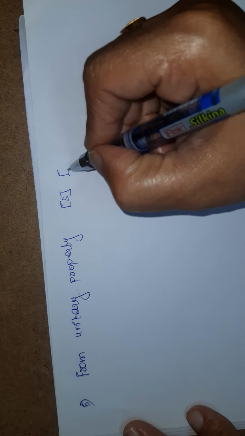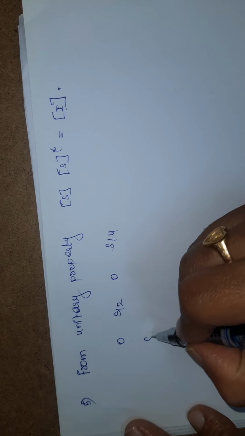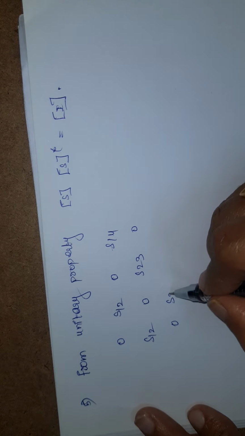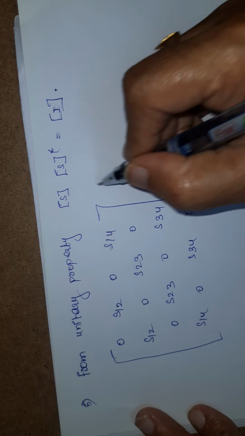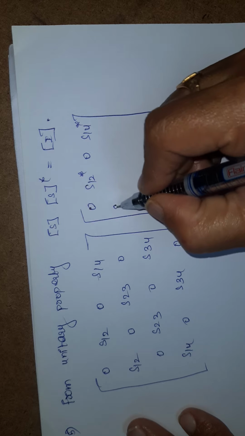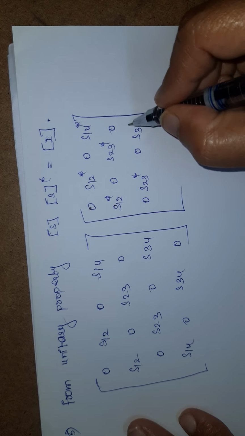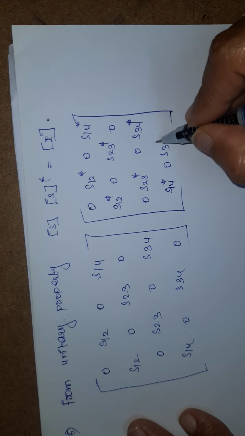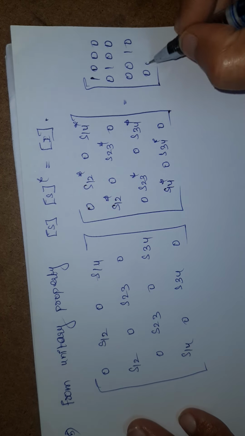From the unitary property, S into S star is equal to I. What is S? 0, S12, 0, S14, S12, 0, S23, 0, 0, S23, 0, S34, S14, 0, S34, 0, into S star, with entries S12 star, S14 star, S23 star, S34 star, is equal to the unitary matrix 1 0 0 0, 0 1 0 0, 0 0 1 0, 0 0 0 1.